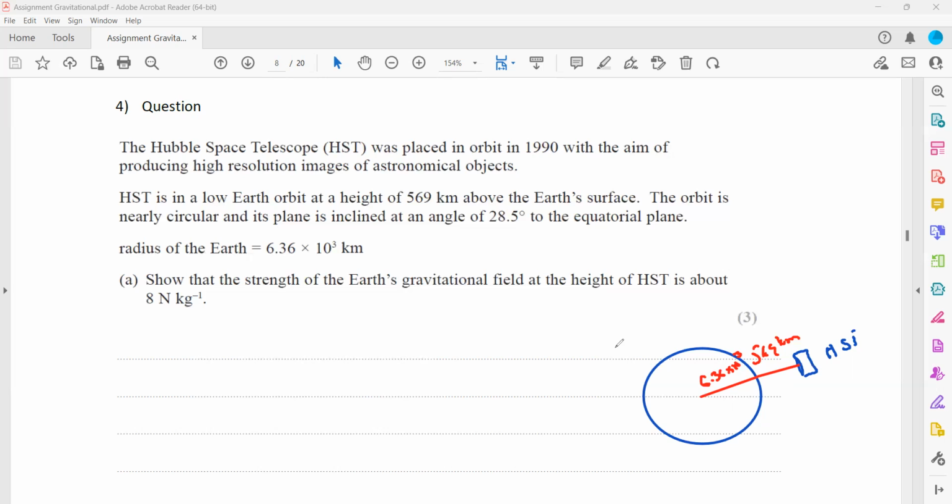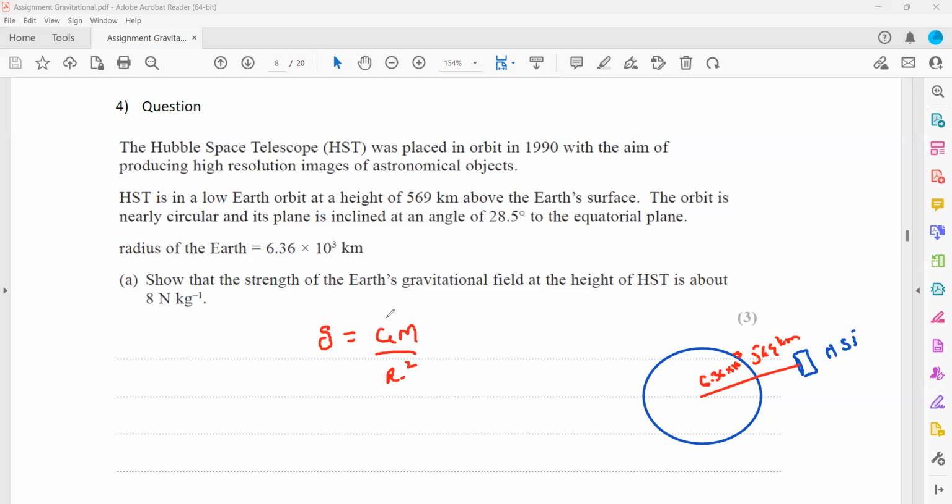Now, in the question, they did not provide us the mass of the space telescope, and they did not provide us the mass of Earth. So we can use this formula: the value of the gravity is equal to G, the mass of Earth over R square.